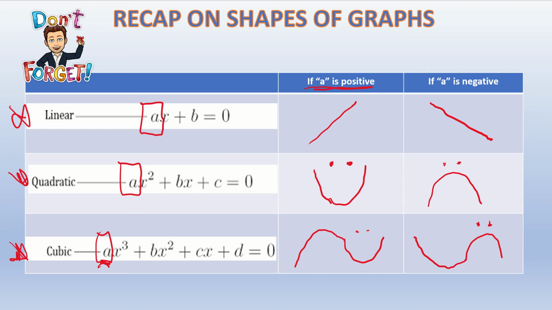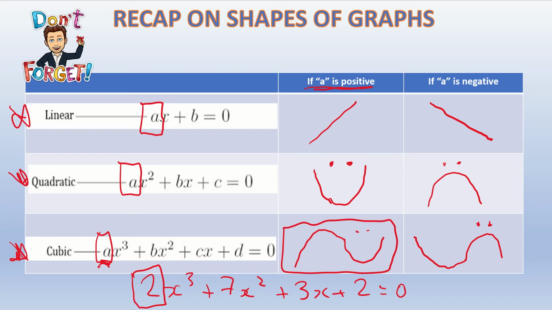So if you had a cubic expression, let's say 2x cubed plus 7x squared plus 3x plus 2 is equal to 0, seeing as the number in front of your x cubed is positive, you know that you should end up with a graph like this one here. If you end up with anything different, then you know that you've gone wrong somewhere in your workings out beforehand. So just something to be aware of.